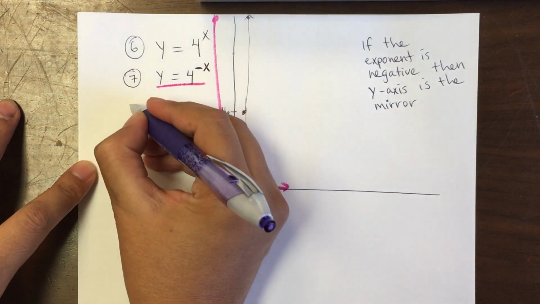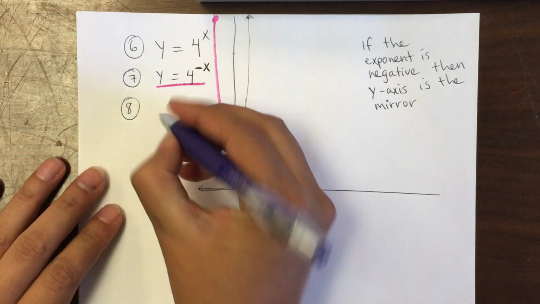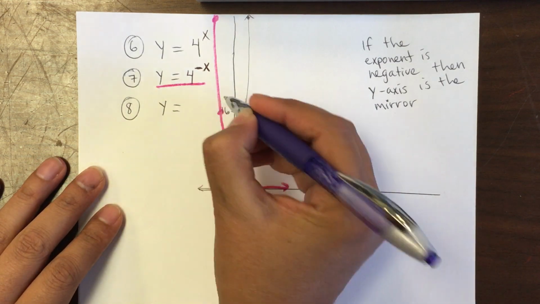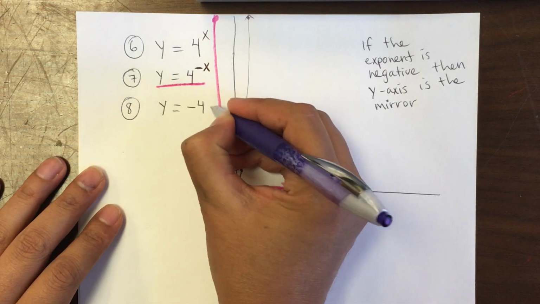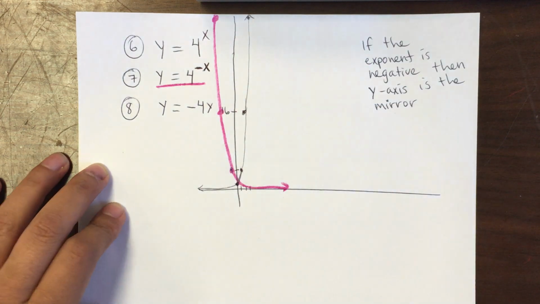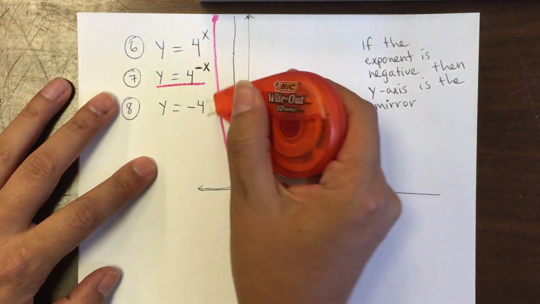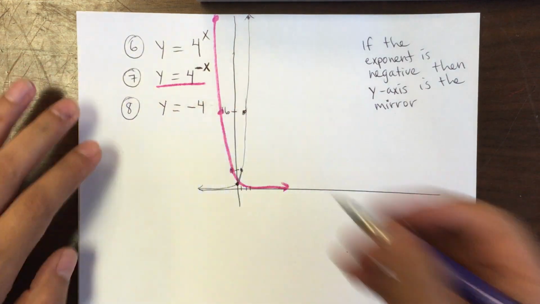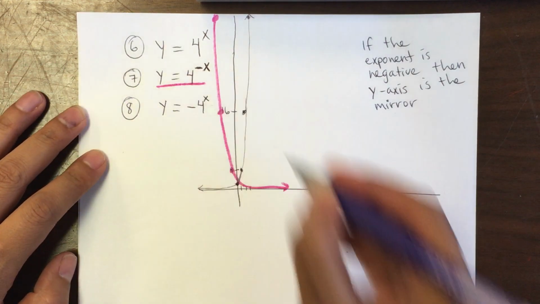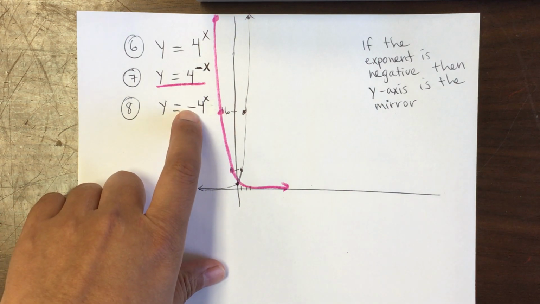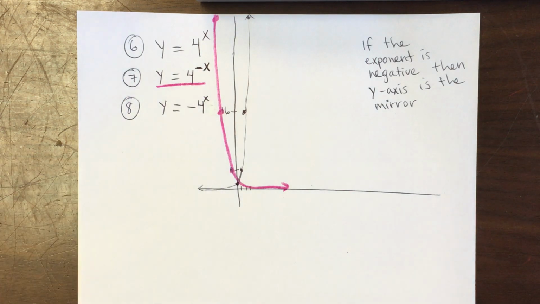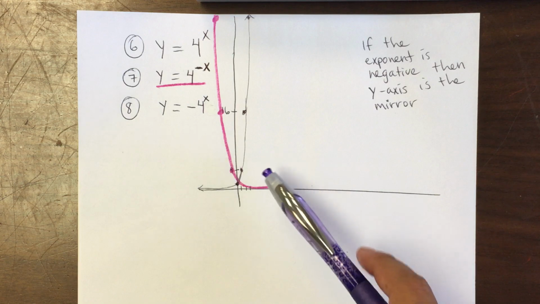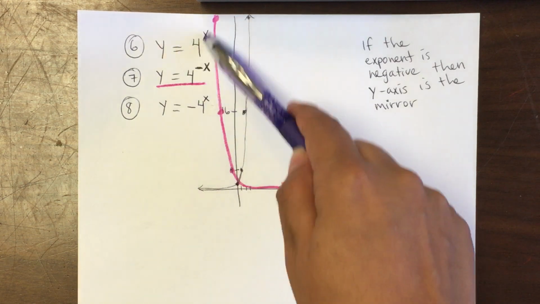Now, what if y equals negative 4x? Whoops, not negative 4x, negative 4 to the x power. Now, in here, what is negative is the base. And so basically, what is being reflected is the original, okay?